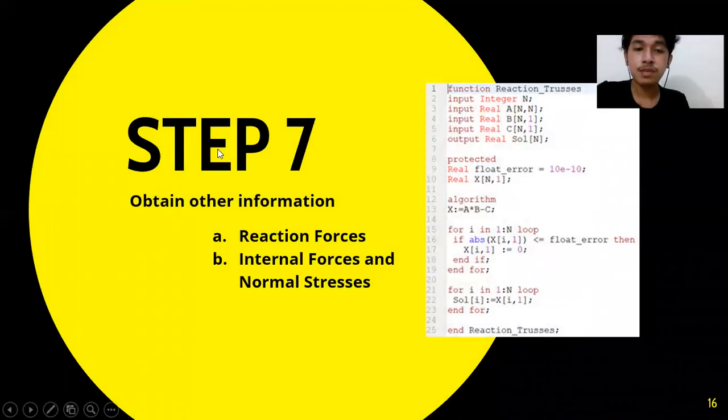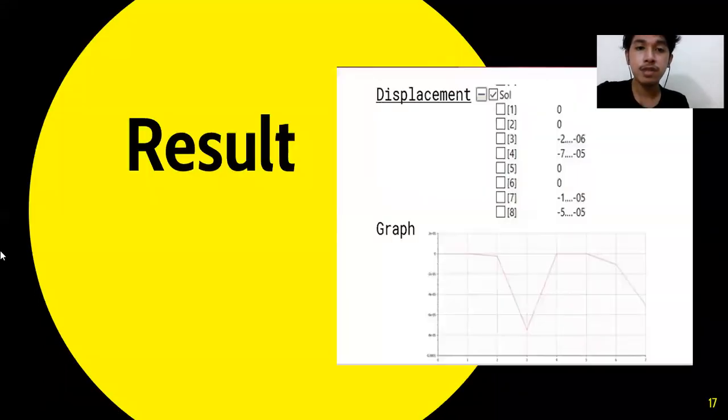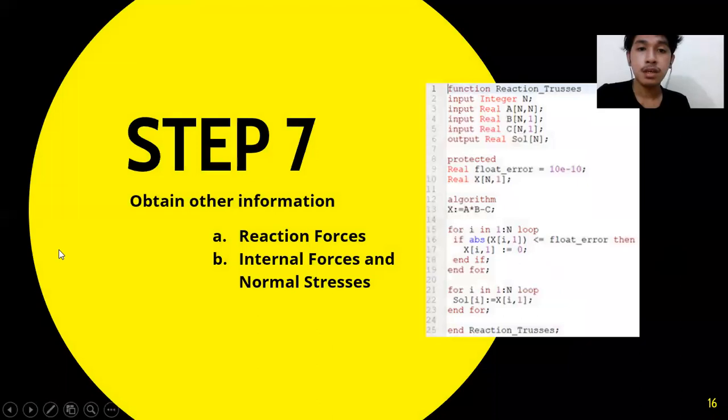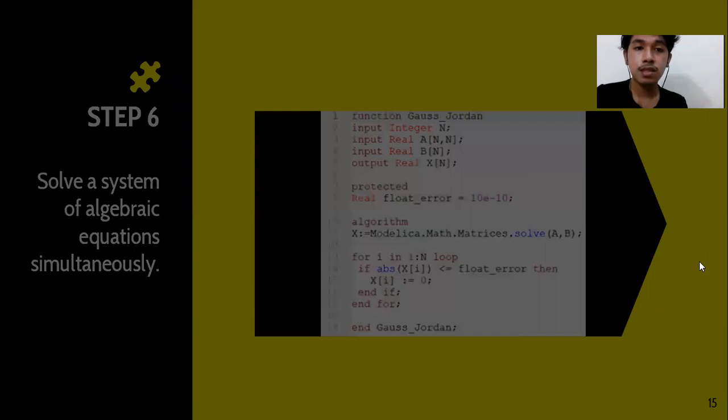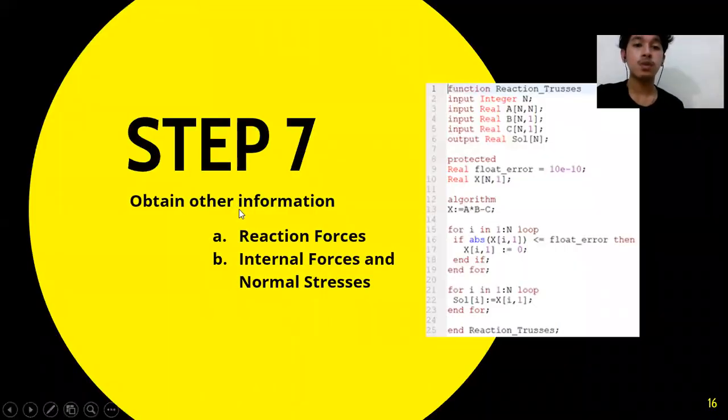Right, so step 7. All right, so the previous steps actually concluded the deflection that we wanted to find before. And then after that, step 7 is the step when we want to also find the other information, which are the reaction forces and the internal forces and normal stresses. So the algorithm is pretty much the same as well.